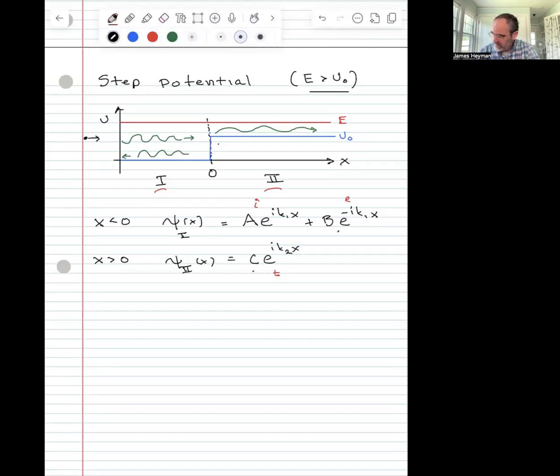From what we've learned about free particles, we know that k1 is the square root of 2m times the kinetic energy, which here is just E, divided by h bar, because in region 1, the potential energy is 0. Whereas k2 is the square root of 2m(E minus U0) divided by h bar, because the kinetic energy is smaller. Make sense?